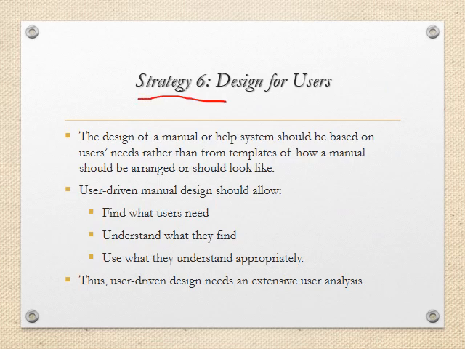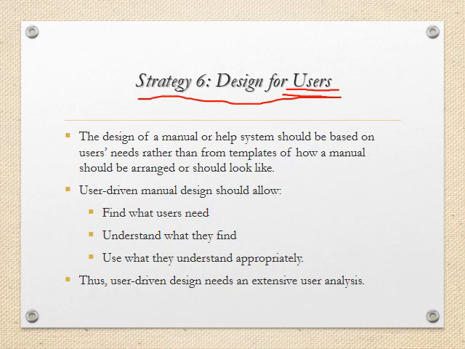Strategy number 6, design for users. This strategy doesn't need to be explained because the main purpose of the task-oriented document is that we design for our users. We try to design documents that focus on specific users.